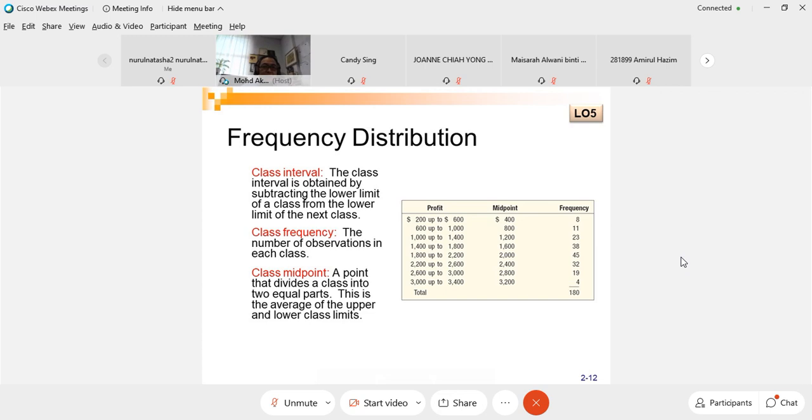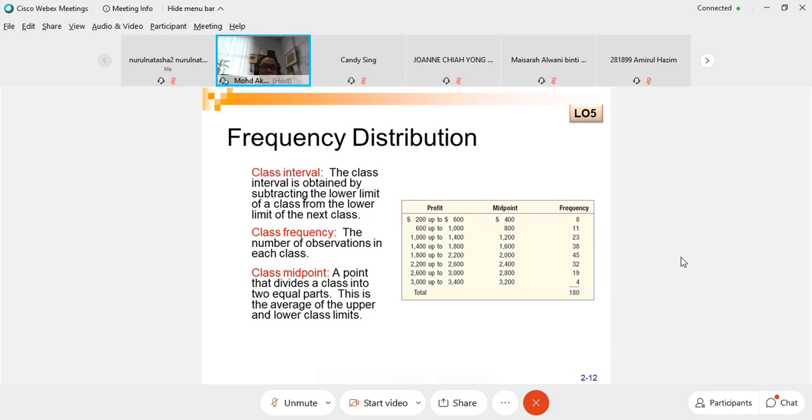And the third one is called class midpoint. What is the class midpoint? It is a point that divides a class into two equal parts. This is the average of the upper and lower class limit. Here, 200 to 600. What is the middle? The midpoint is 400. Then the second of our grouped data is 600 to 1000.